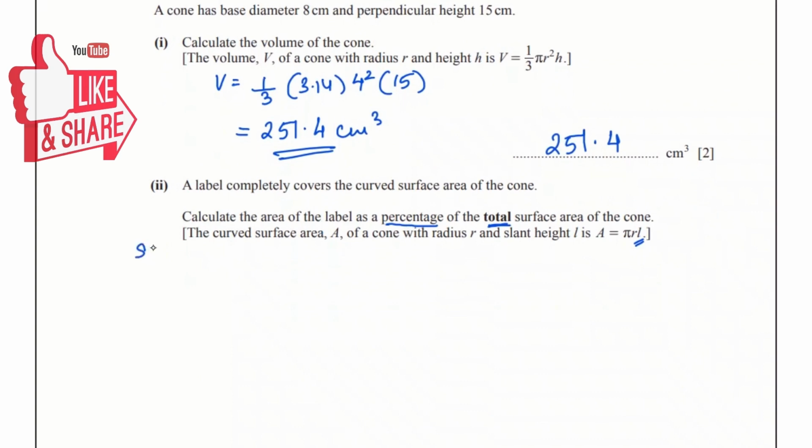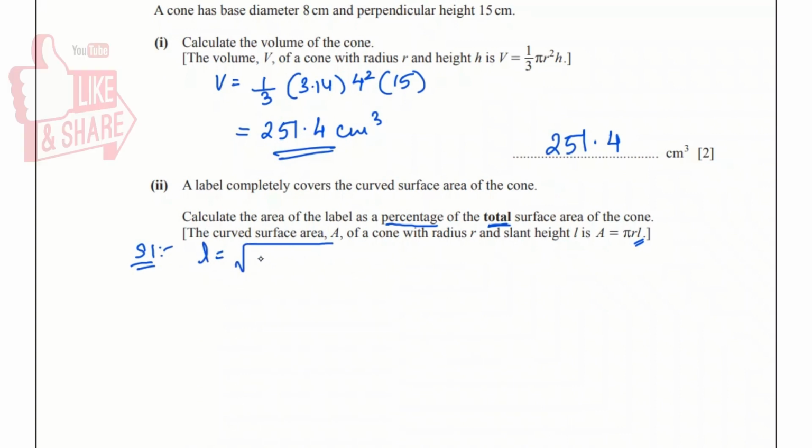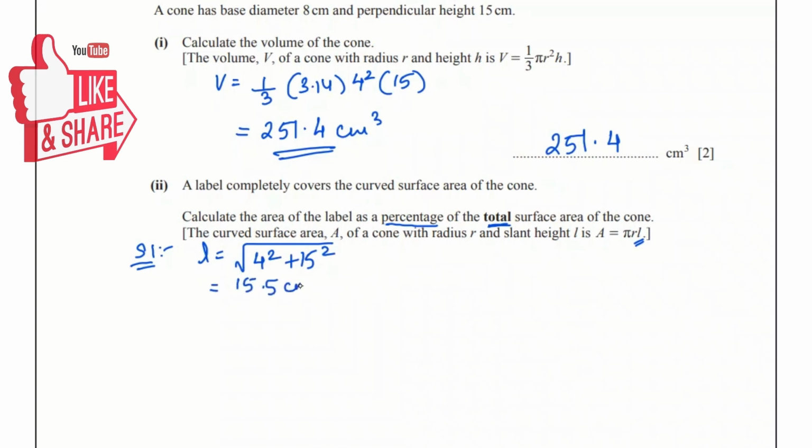So our first step will be L equals under root h square plus r square, which gives us 15.5 centimeter.